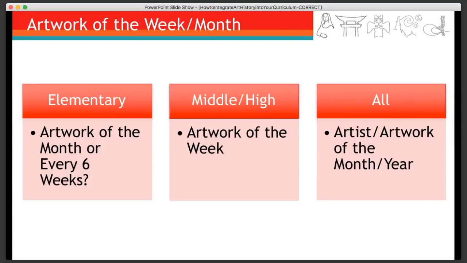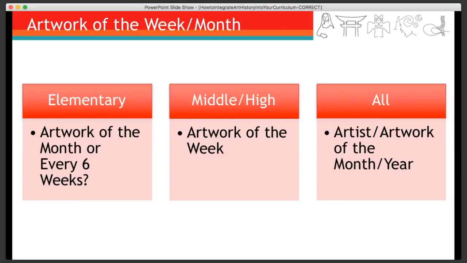That way they're still getting it, but you're still able to accomplish all the other things you're trying to do. I know one district here in Dallas, Garland ISD, their elementary curriculum has a culture of the year, an artist of the year, and an artwork of the year, I think.